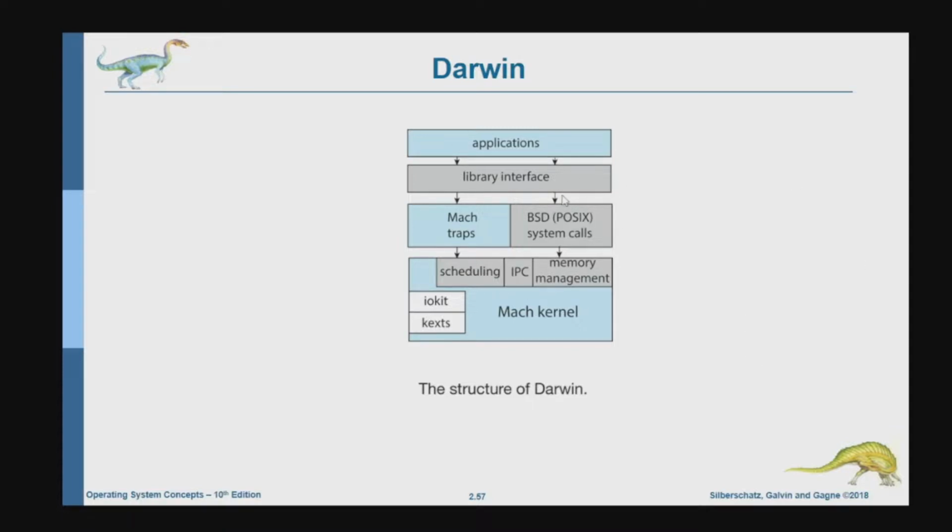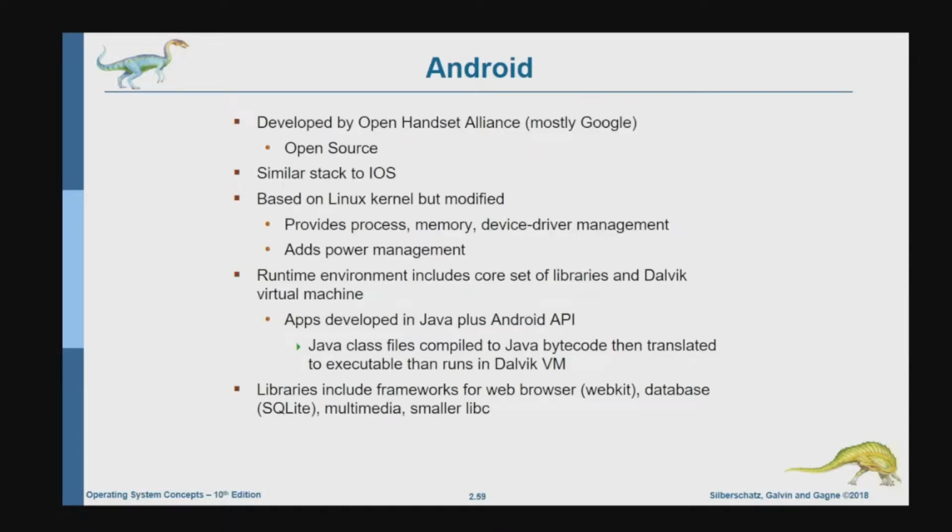Then it will interact with scheduling, IPC, memory management, and we have the Mach kernel here. Here we have the IO Kit and KEXT. So these are the Darwin structure. Okay, now we know the iPhone is based on the Mac, quite similar.